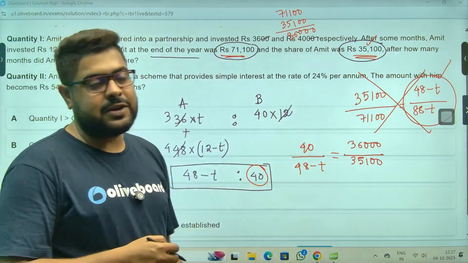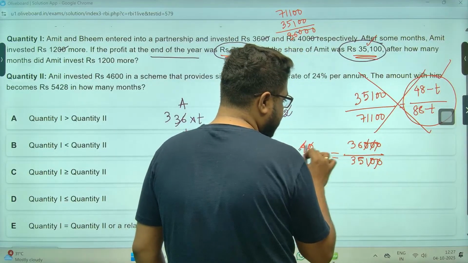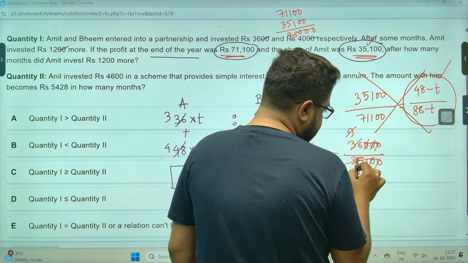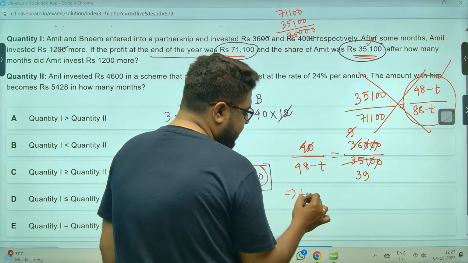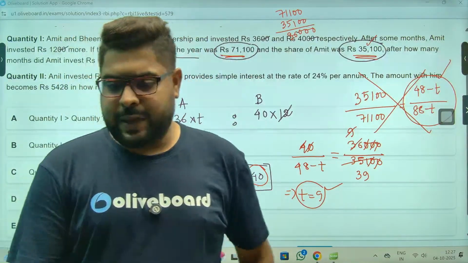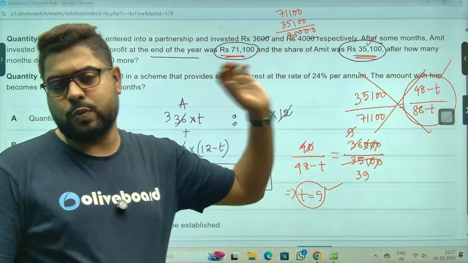Much easier to calculate, sir. 00 gone. 1010, 4 nines are this. Divide by 9, this also goes, sir. 3 nines are 27, 81, 9 nines are this. So the value of t directly came as 9, sir. 48 minus 39. One simple line, you see my calculation reduced by so much.